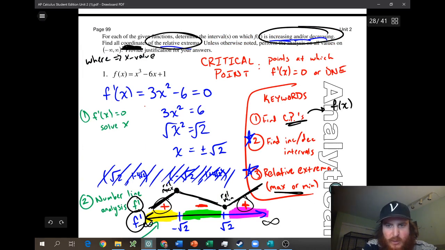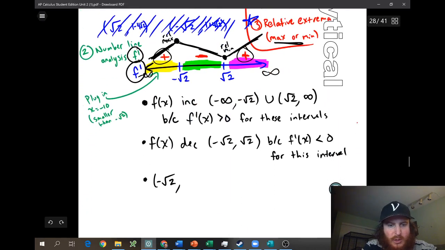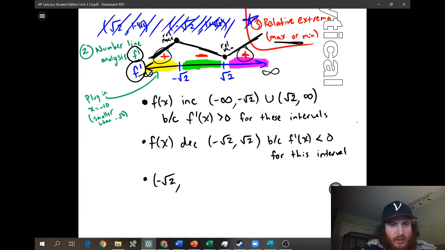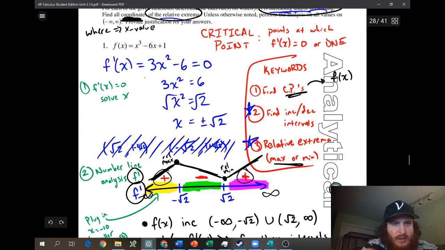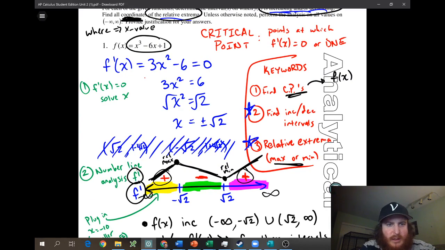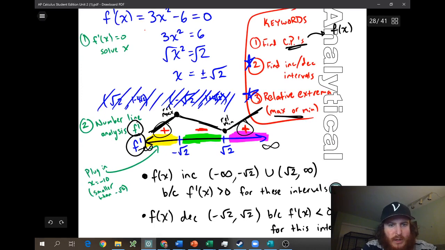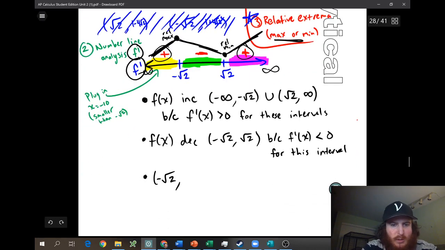Those are for f of x. So we plug those back into the original. So we know that negative square root of 2 was our maximum. And if we plug this back into the original, the original is up here. Okay, it's a little bit weird, but negative square root of 2, when we plug it in, we got 1 plus 4 square root of 2. Okay, you could have also just used a calculator.